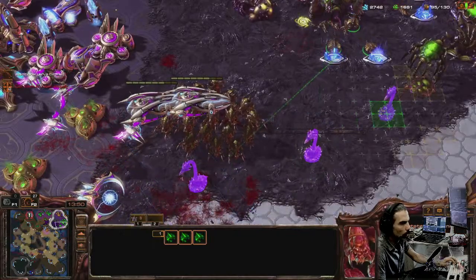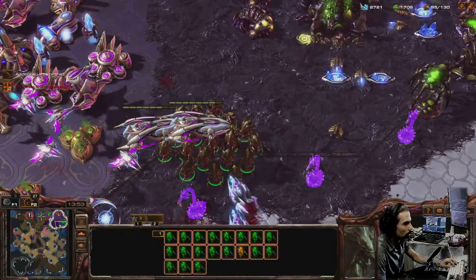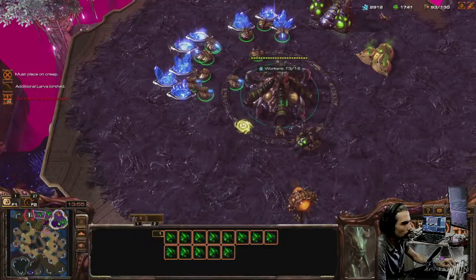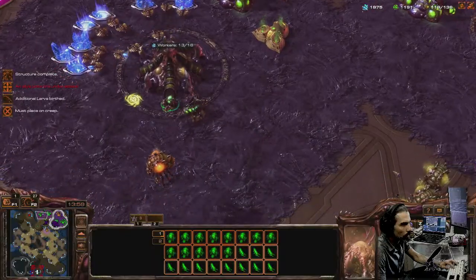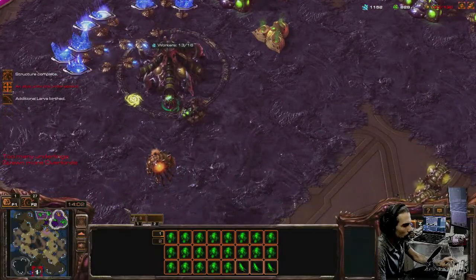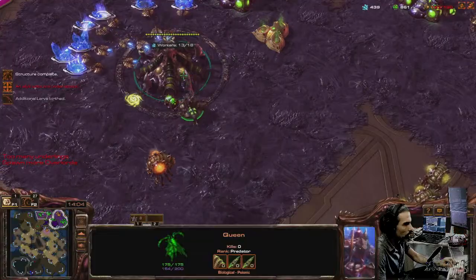Must place that on creep. Spawn more overlords.